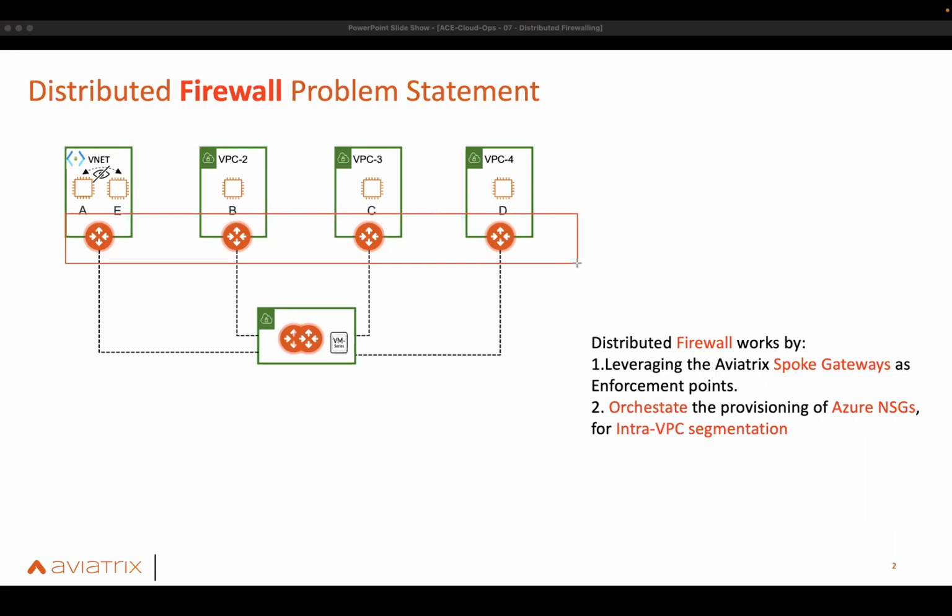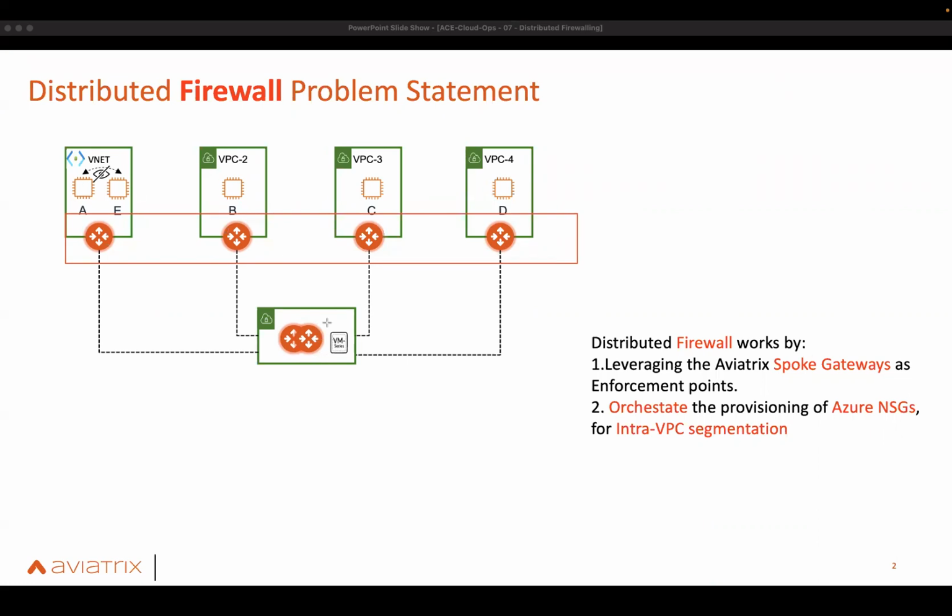And obviously this is better because now you block traffic very close to the source instead of having to drag the traffic to a central point. The other advantage, because you are distributed, is you can have 1,000 firewalls in your network instead of having a pair of firewalls that are central.